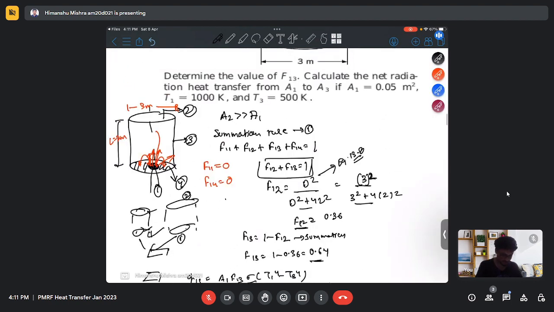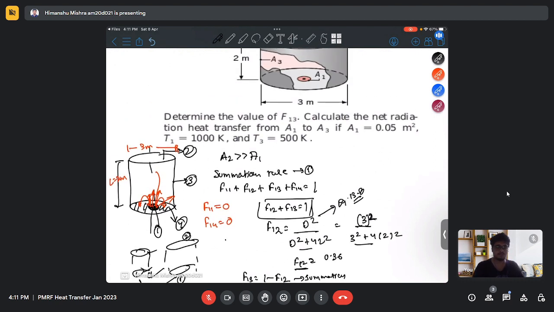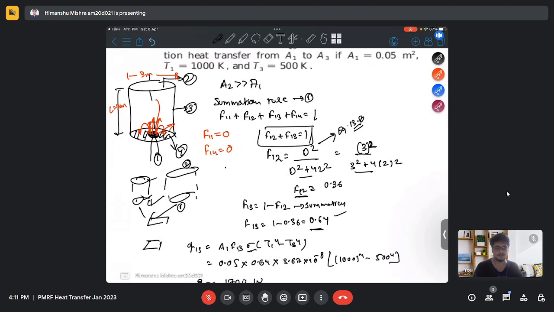So again, this is the case of two parallel discs. If there is a case of two parallel plates or discs, we can use the empirical correlation to find the view factor between two parallel surfaces by using the graph or empirical correlation, and then we use the summation rule or reciprocal rule to find the shape factor of the other surface or the side surface.